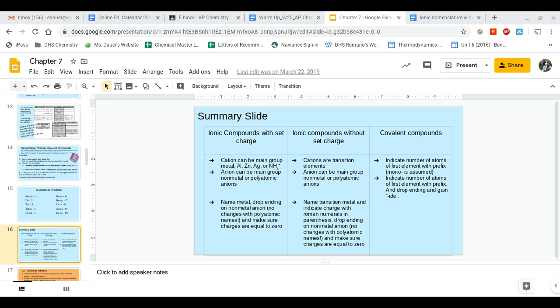And how we name these set charge compounds, we name the metal, and then we drop the ending of our nonmetal. So this is sodium chloride. The reason why sodium chloride is only sodium chloride is we have sodium, Na+, which has a set charge as an alkali metal. Chlorine, a halogen, has a set charge of -1.